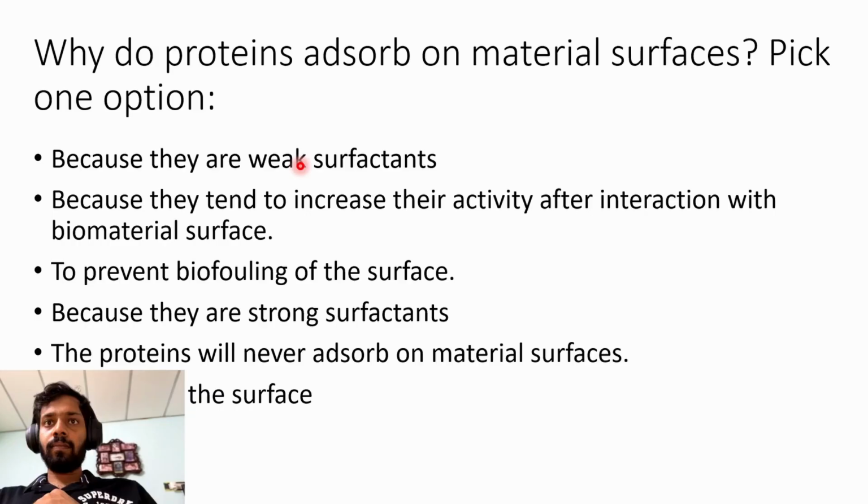So it can form micelle structures, and it can interact a lot with oils, but at the same time it also has a polar head region where it can interact with water as well. So essentially that's what a surfactant is. Now, are proteins strong surfactants or weak surfactants? Any idea?